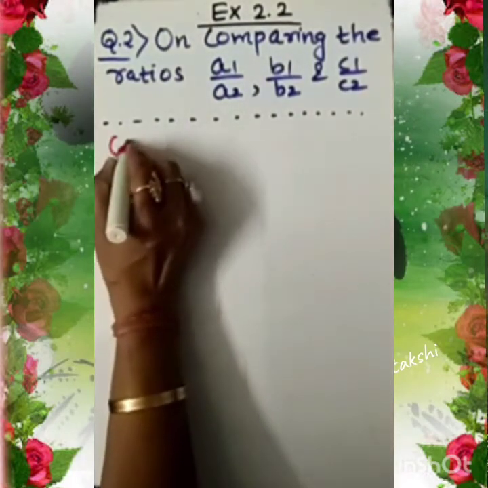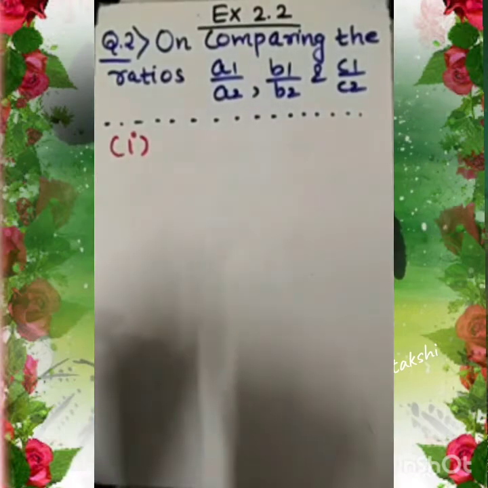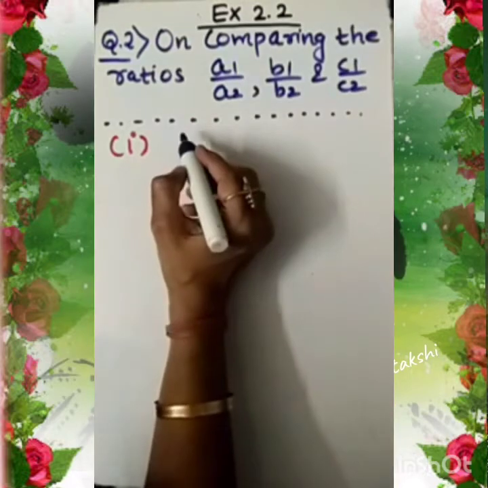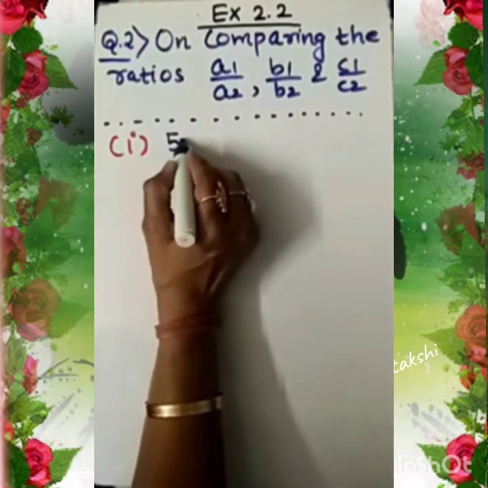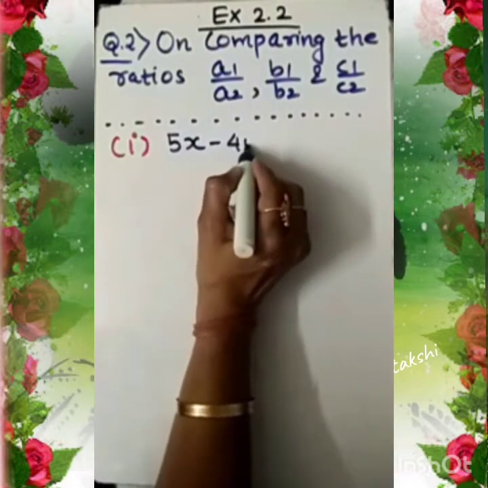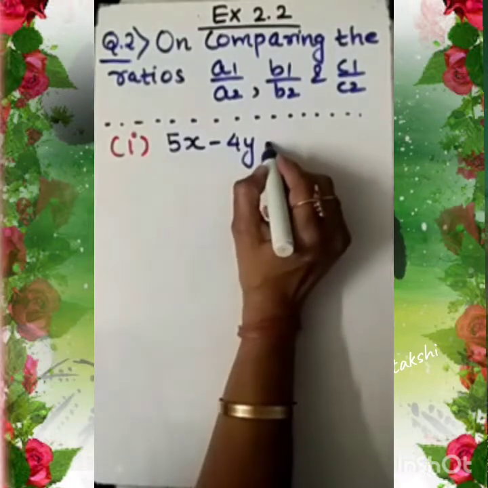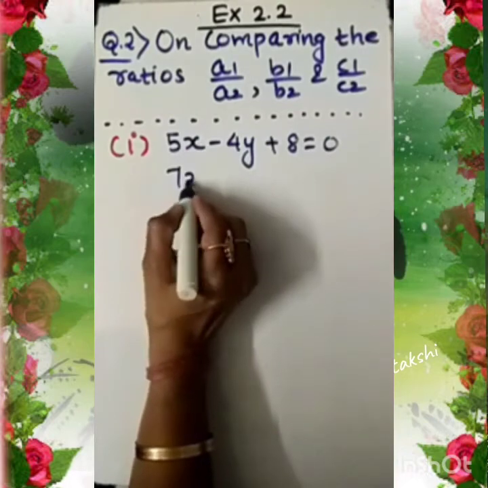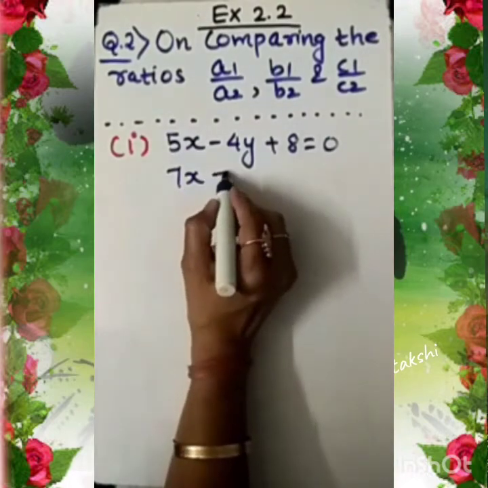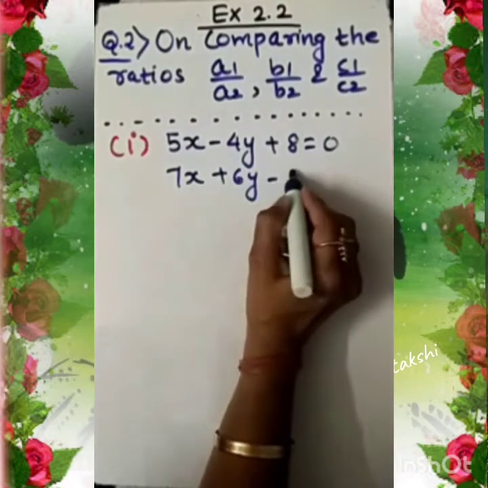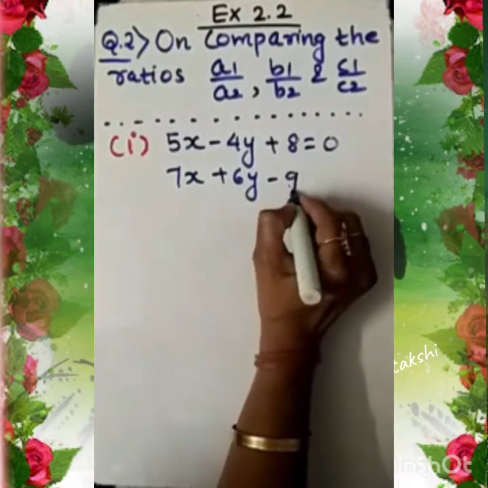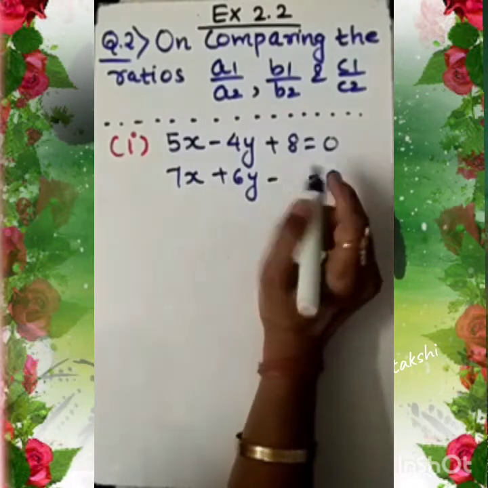The first equation is 5x minus 4y plus 8 equal to 0, and the second equation is 7x plus 6y minus 9 equal to 0. This we are given, right?